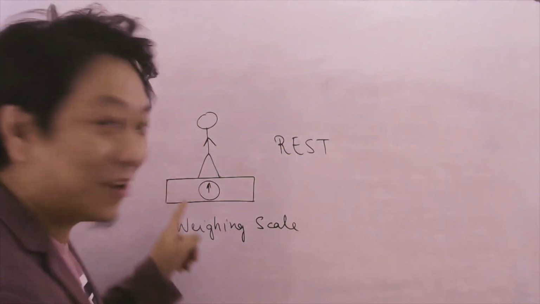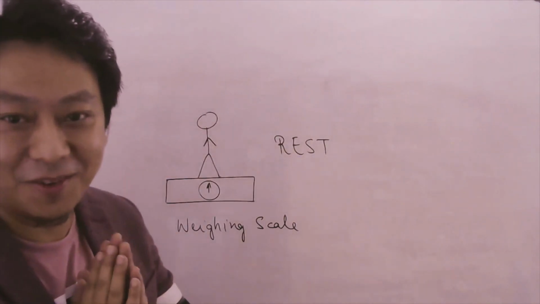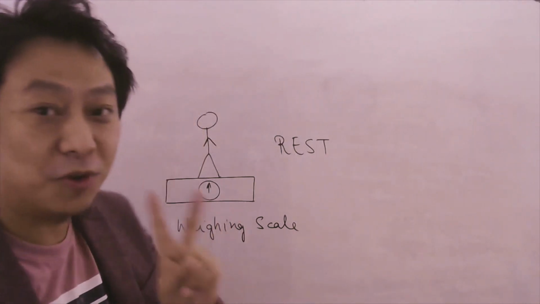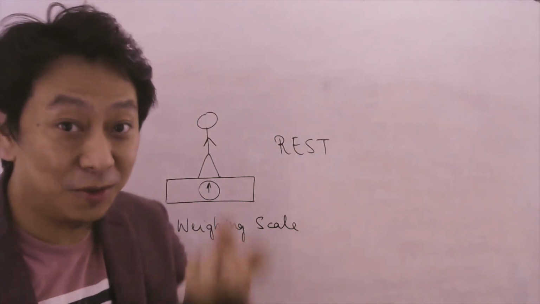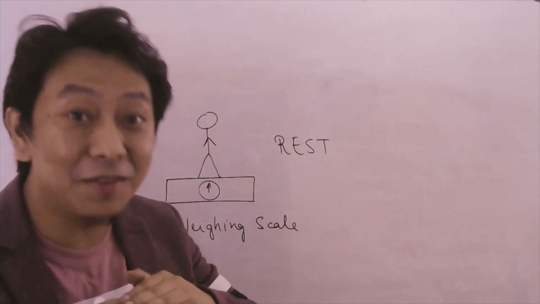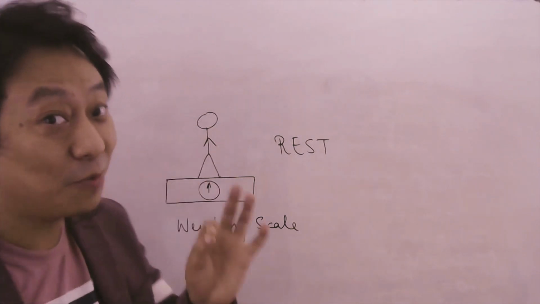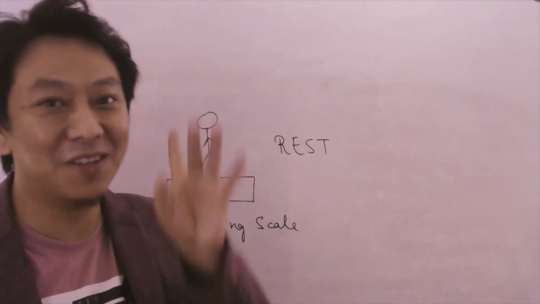Now consider a situation where you are standing on a weighing scale and the whole system is at rest. Now, there are two forces acting on you. One is your weight, which is the gravitational force, and the other is the pressing force between you and the surface of the weighing scale, which we have discussed many times in our previous videos, right?